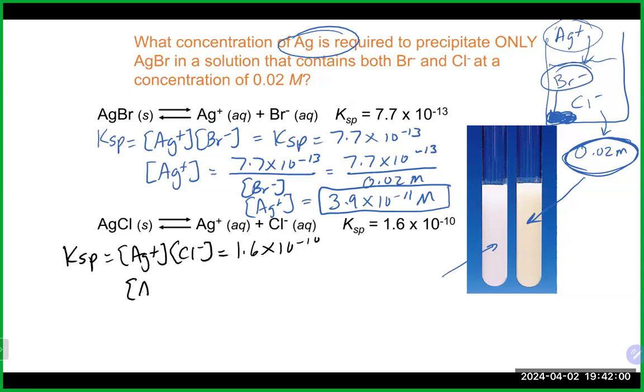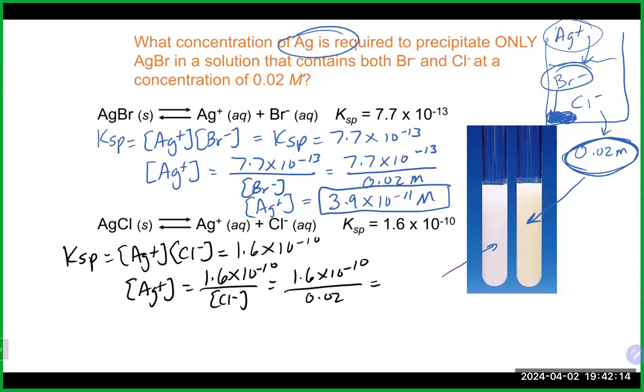Once again, if I solve for silver, 1.6 times 10 to the minus 10 divided by the chloride concentration, and again, it's the same concentration as the bromide, this will give me here 8 times 10 to the minus 9 molar. That represents the minimum concentration that you need to start to see silver chloride come out.